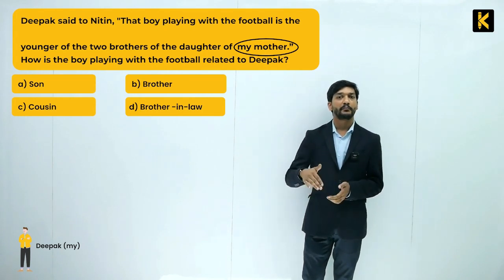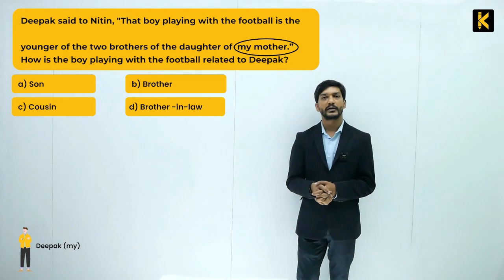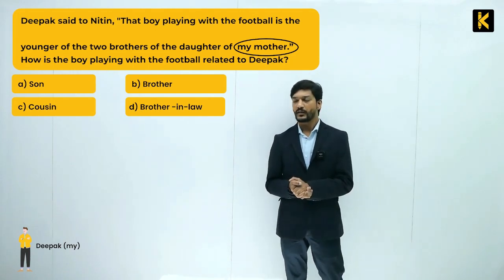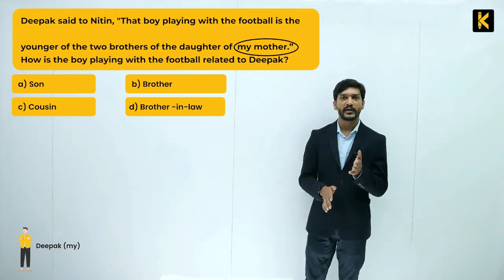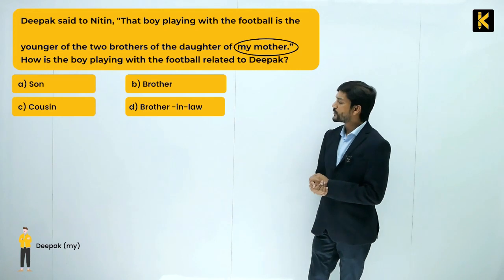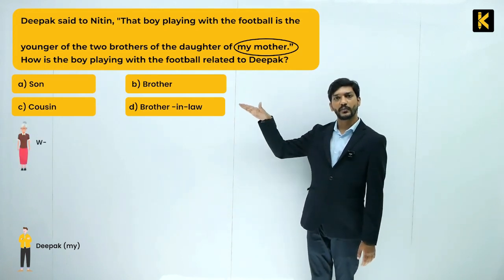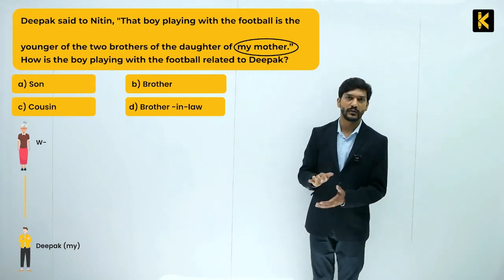Now, my mother. So mother I am representing with W minus. Why I am taking W minus? Because she is a woman, that's why. So my mother. Mother will be one generation above. Mother is a direct relation, so a single line will be shown.